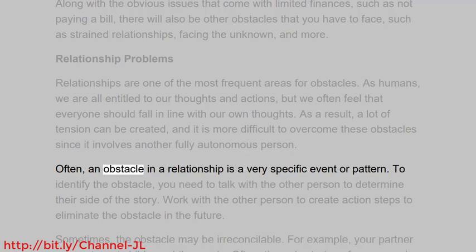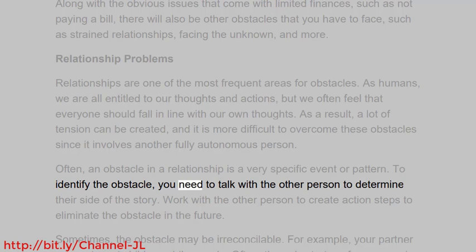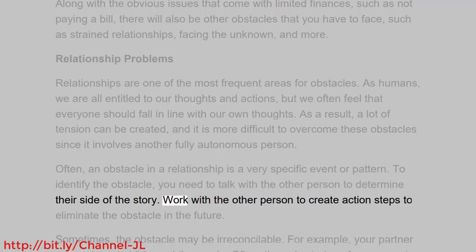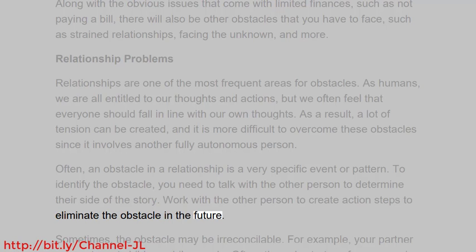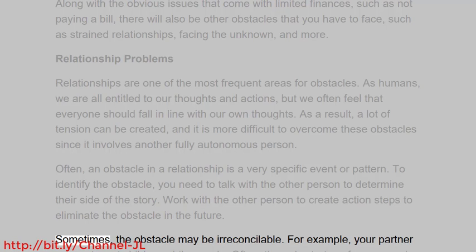Often, an obstacle in a relationship is a very specific event or pattern. To identify the obstacle, you need to talk with the other person to determine their side of the story. Work with the other person to create action steps to eliminate the obstacle in the future. Sometimes, the obstacle may be irreconcilable.